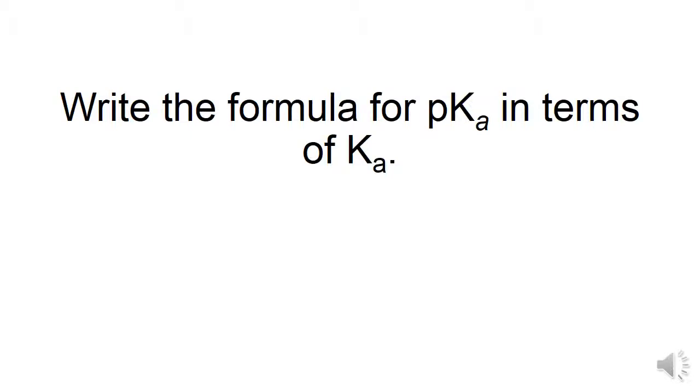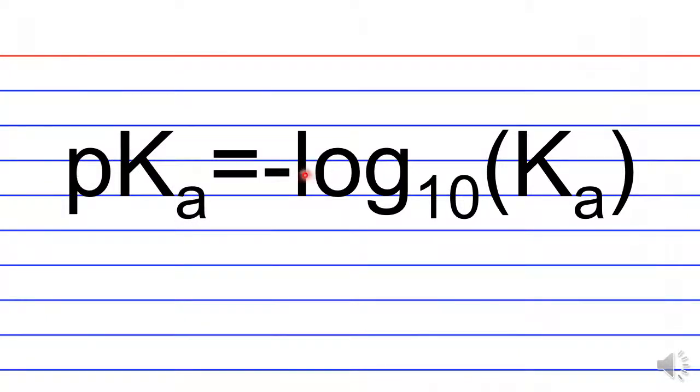Write the formula for pKa in terms of Ka. So what is pKa in terms of Ka, the acid dissociation constant? pKa equals the negative log base 10 of Ka.